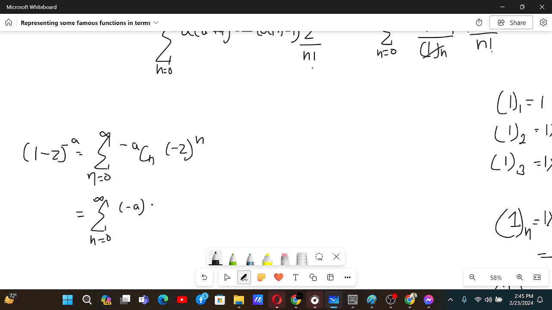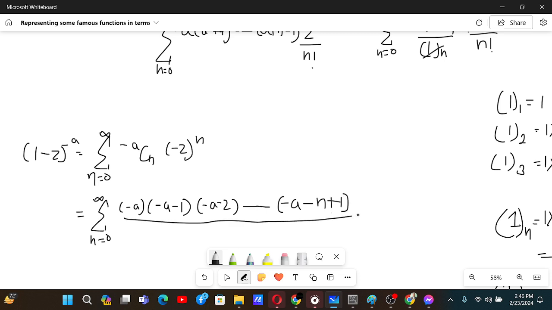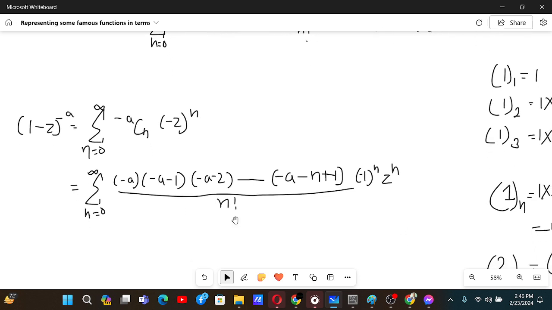So minus a, minus a minus 1, minus a minus 2, up to minus a minus n plus 1. Yeah, now we also need to write n factorial over here, and this is minus 1 to the power n, g to the power n. Yeah, so this is basically just the definition of combinations.